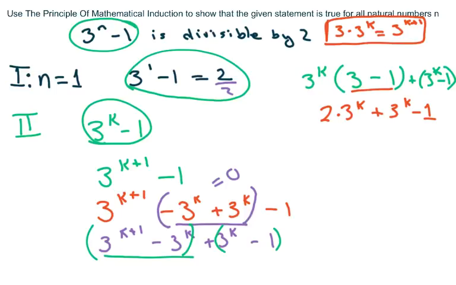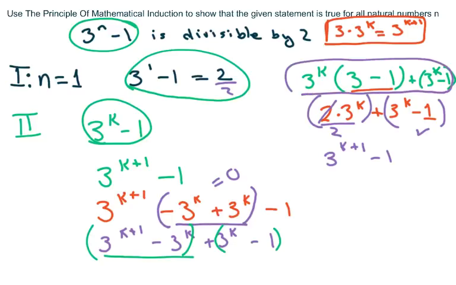Now, we already know that this is divisible by 2. So that checks. And this is also divisible by 2 because of that 2 there. So we have proven that 3^(k+1) minus 1 is also divisible by 2 because it's right here and it's divisible by 2.